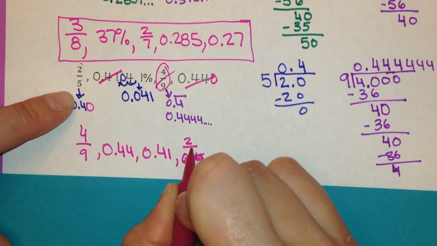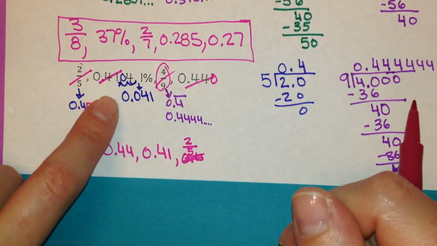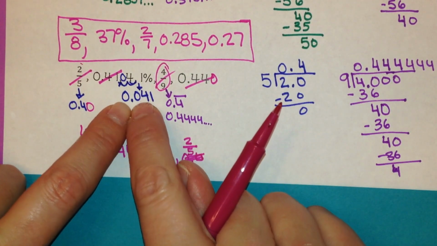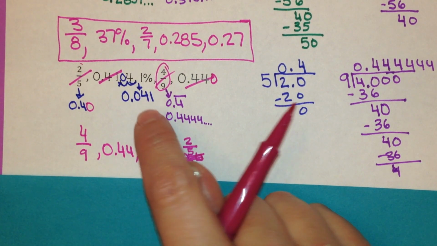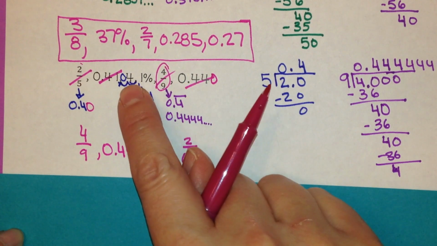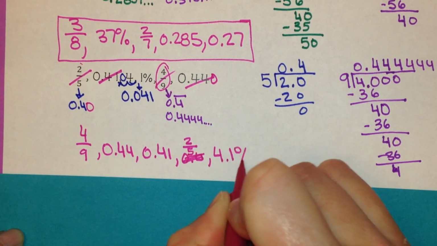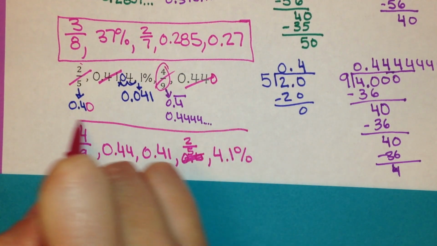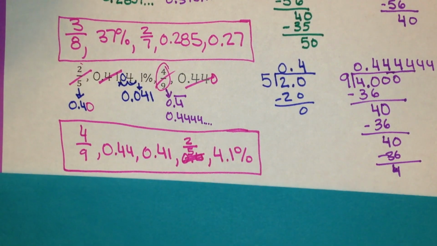Okay, so I'm just going to write 2/5. And then lastly, we have a 0 in the 10th spot. So we know that that one's a whole lot smaller than the ones that have the 4s in the 10th spot. So this was originally 4.1%. And that is our answer. Again, box it so that you can tell it apart from the rest of your work.